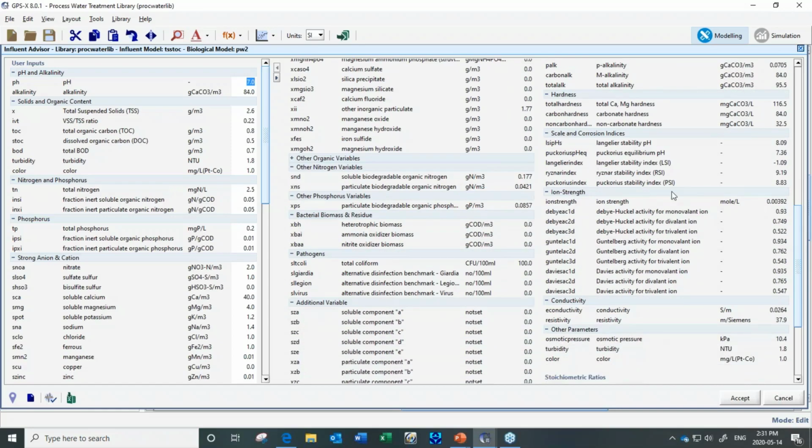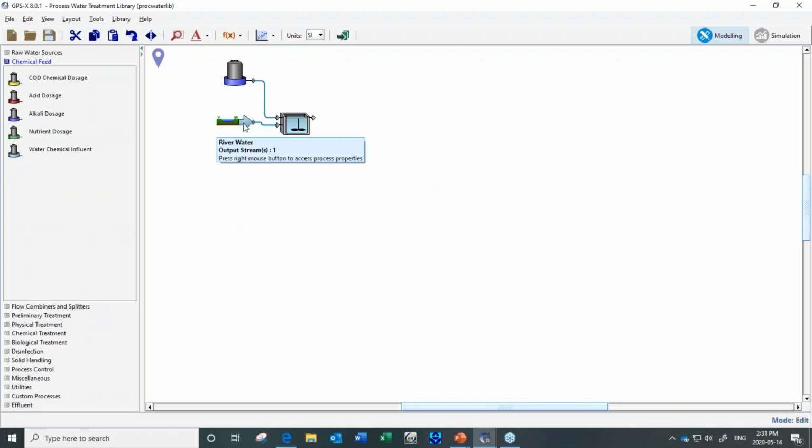All of this will be calculated for you for the wastewater, for the water. So you can change anything here and it will automatically calculate the right-hand side. That is the way you can characterize your influent or the feed water in the most appropriate manner. Once you have done that, that becomes the feed to the downstream reactors. So that's how you will make your layout.